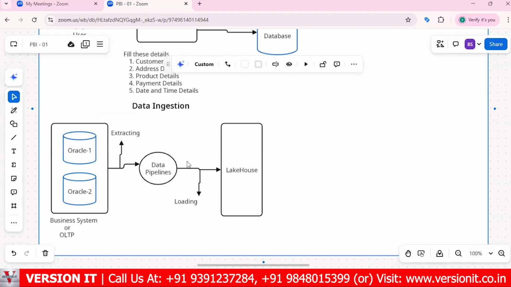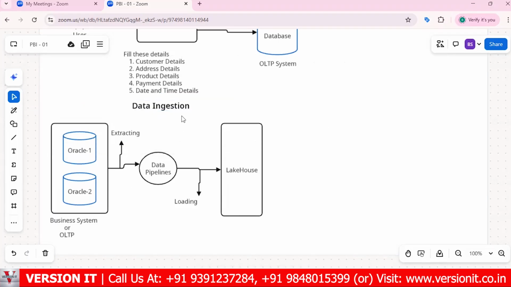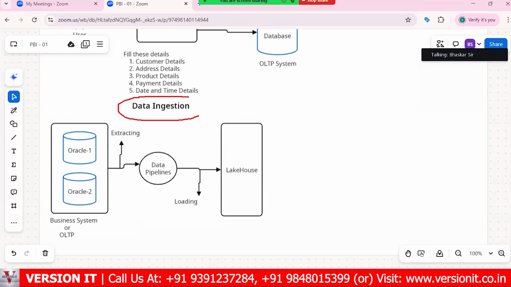I hope everyone is clear. How we are going to do it, we'll see at the time of the practical executions. So I just wanted to say, by using Microsoft Fabric, we are going to handle data ingestion. There are many data ingestion services in the market.